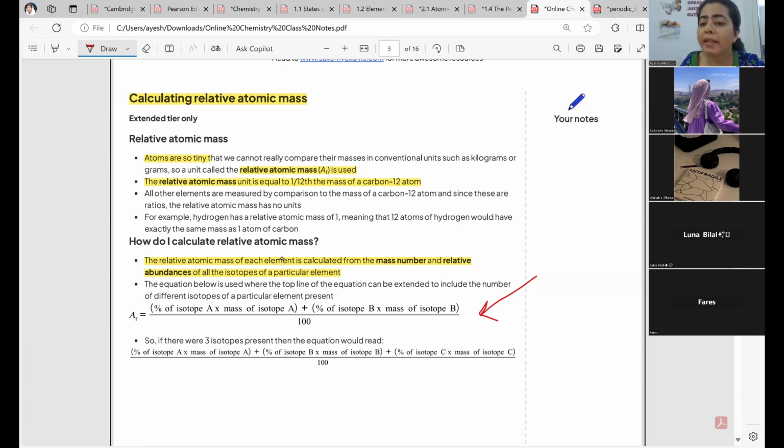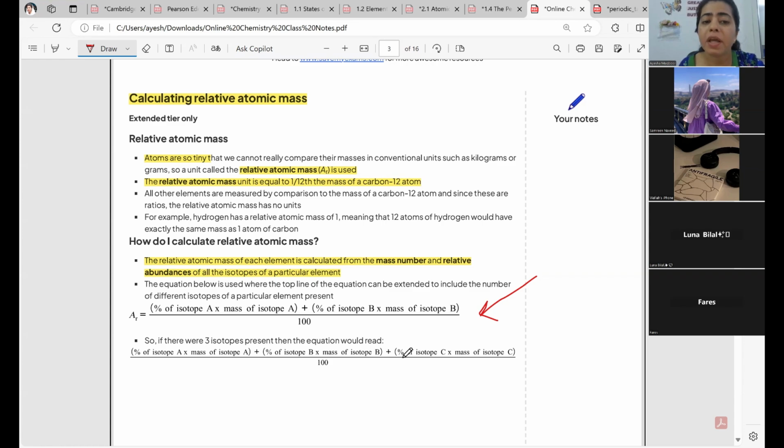Let's say any element has 2 isotopes, A and B. The percentage of isotope A multiplied by the mass of isotope A, plus the percentage of isotope B multiplied by the mass of isotope B, divided by 100. And if we have 3 isotopes, we continue with the percentage of isotope C multiplied by the mass of isotope C.